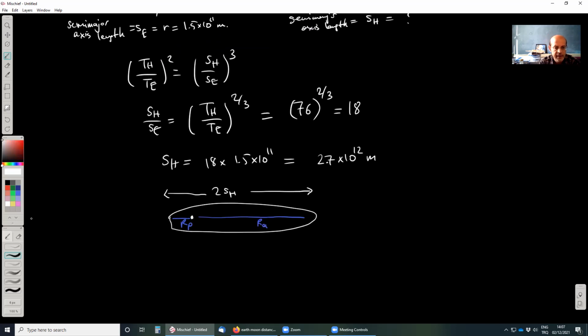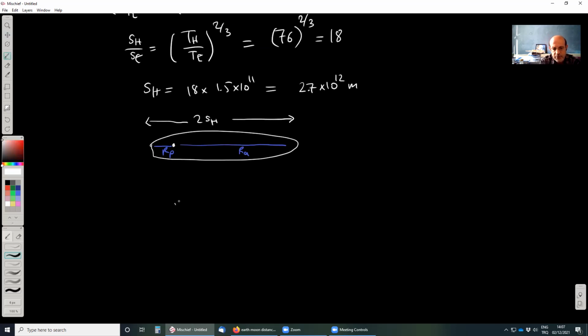Okay. So that means 2SH is equal to the sum of these two distances. So therefore, this is like 5.4 times 10 to the 12 meters. RP is 8.9 times 10 to the 10.